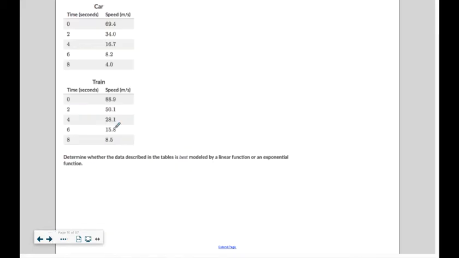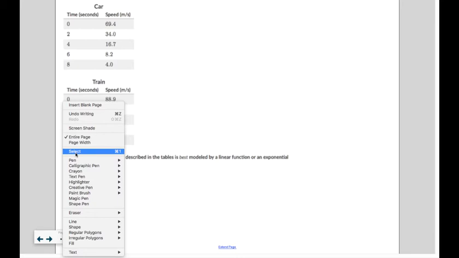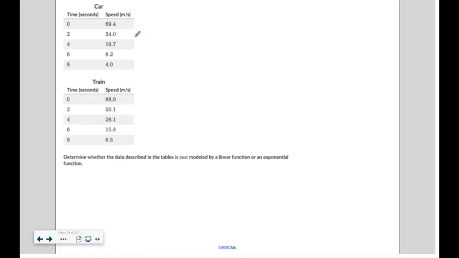All right, so I could give you something like this, where I ask you to determine whether the data described in tables is best modeled by a linear or an exponential function. So again, you're going to go through that process. I'm looking at the car and I'm wanting to say it's exponential because look, it's going down about 35, we'll say, right?